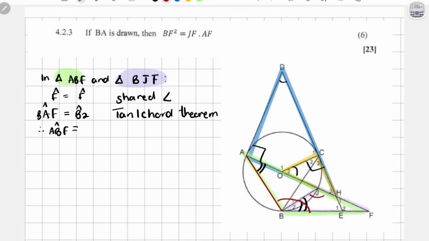That's this angle over here, J, but I can't just call it J, I have to name it. So BJF. And I'll say that is because it's the remaining angle. I can say that, or I can say sum of angles in a triangle, or I could say third angle in a triangle. Okay, so there we got three angles being equal.